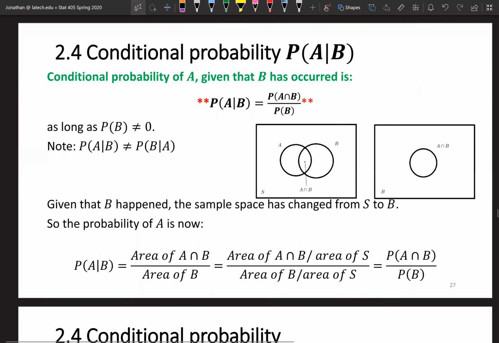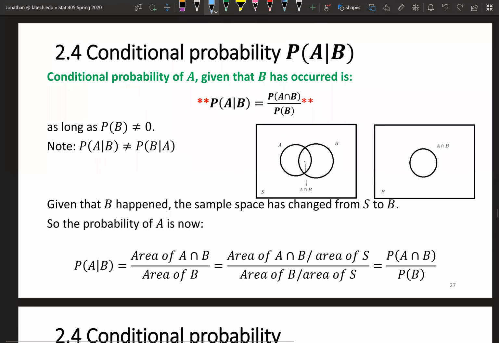Now, the general definition is that the probability of A given B is the probability of A intersect B over the probability of B. That's your conditional probability formula.